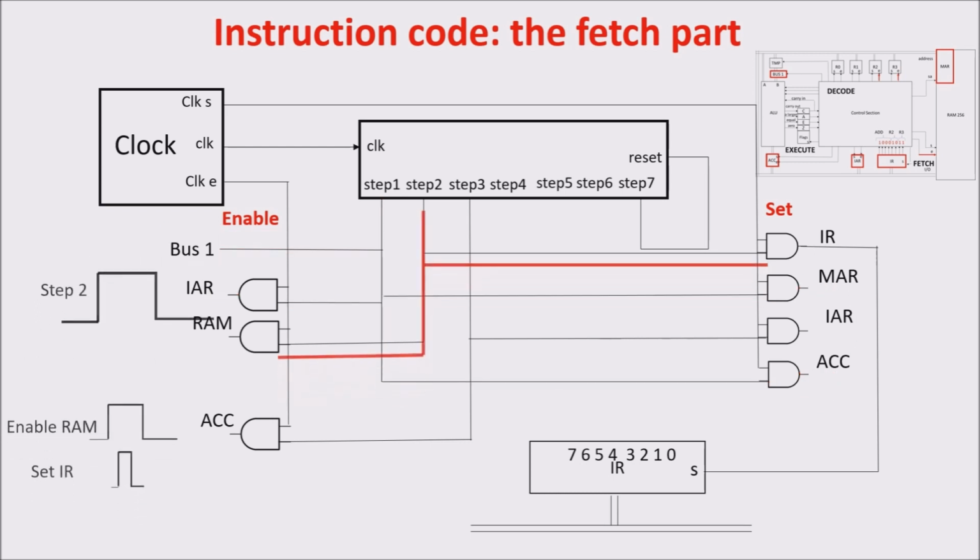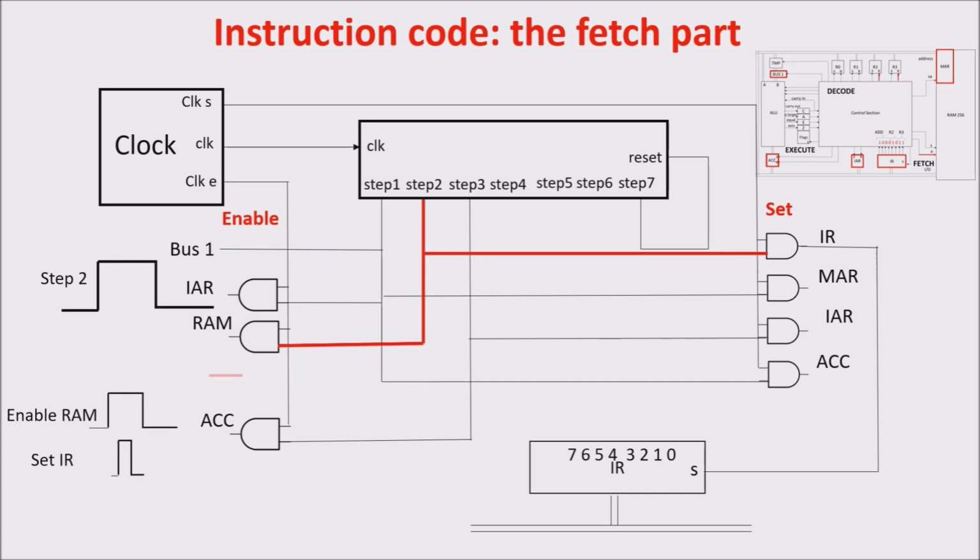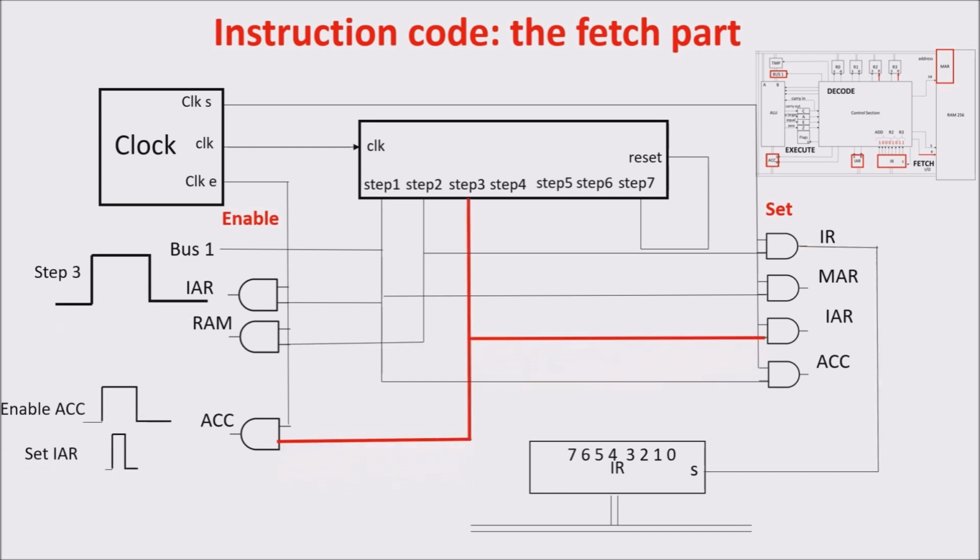In the second step, we give an enable pulse to RAM, which puts the instruction on the bus, and we give a set pulse to IR to acquire the instruction to be decoded. The last thing to do is storing the incremented address in the IAR, or instruction address register. For doing this, we send in step 3 an enable pulse to the accumulator and a set pulse to IAR.